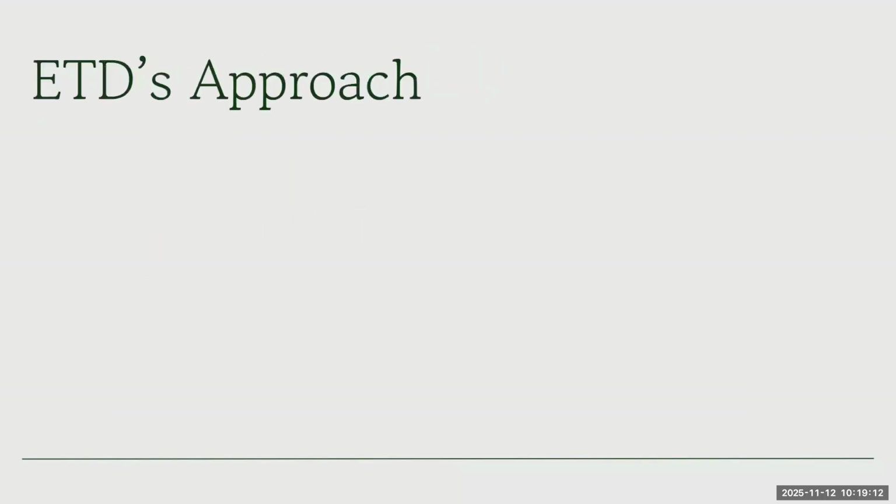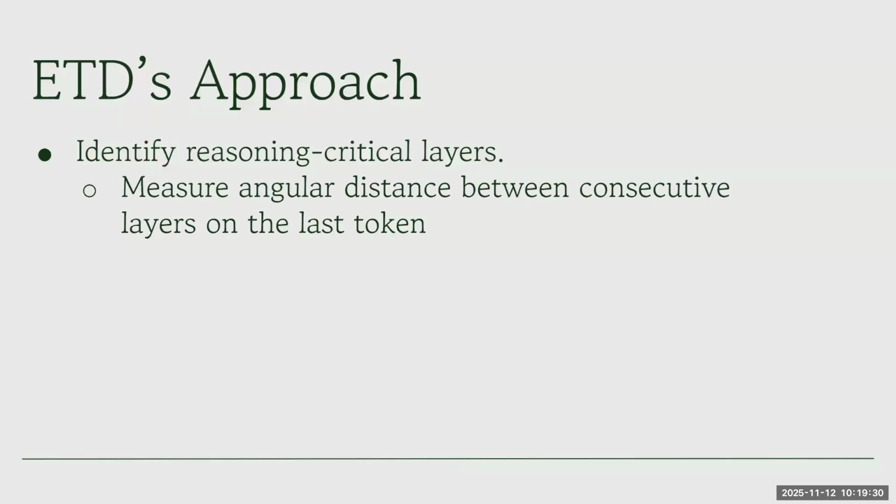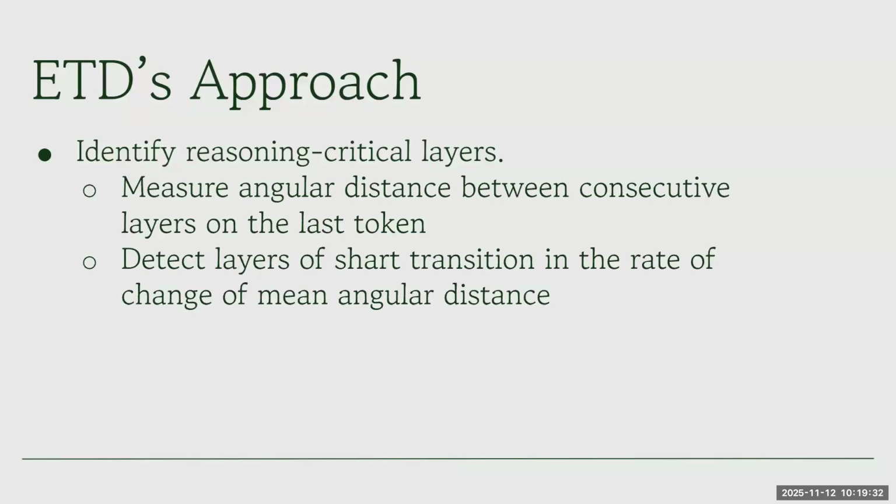What the authors of these papers eventually did was, okay, fine. These layers with stable angular distance, stable in the sense that there is not a lot of variation in the angular distance, those would be the reasoning critical layers. You measure the angular distance between the vectors.